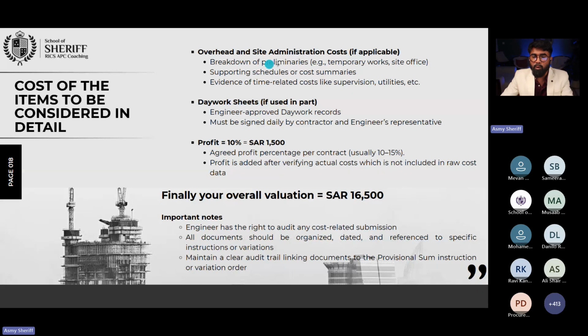We learn about the labor, material, plant, equipment, subcontractors, suppliers, overhead, administration, and day work schedule if any portion of the work you executed. And at the end, you are going to consider your profit, and finally it will come 16,500. So previously we mentioned that 15,500 for all these kind of items, and your percentage of 10% of your profit, that's going to be 1,500. Finally, it will come 16,500.